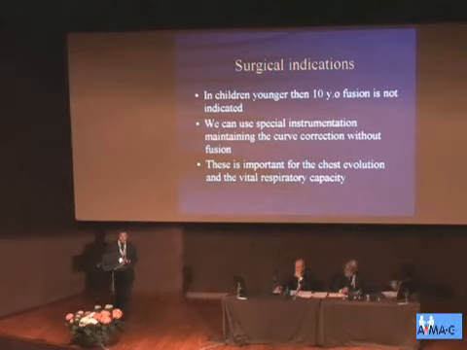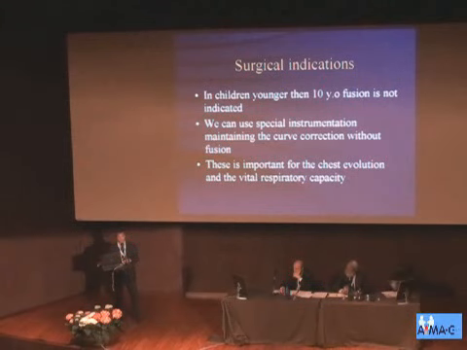An increasingly important problem is that of children who are under 10, because what we have seen is that younger than 8, fusion is not indicated. But if we look at a graph, in fact, our spine continues to develop, and therefore respiratory capacity continues to develop.